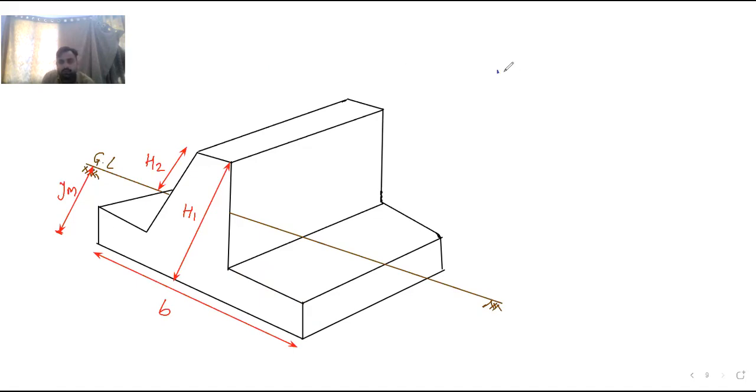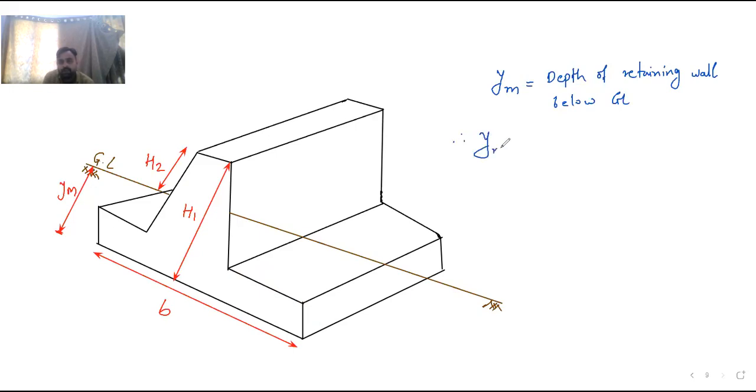So this Ym is equal to what? It is the depth of the retaining wall below ground level.